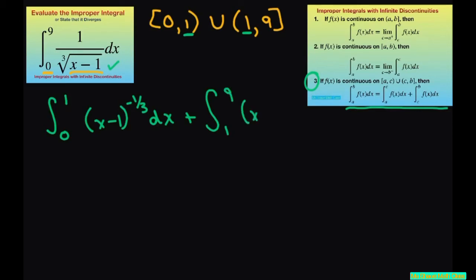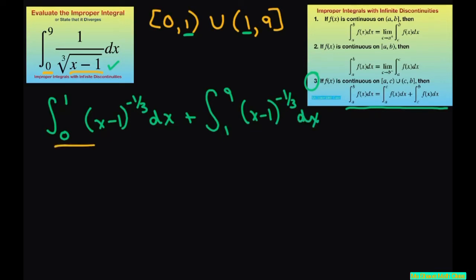We're going to write it as the integral from 0 to 1 of x minus 1 to the negative 1/3 power dx, and then we're going to add the integral from 1 to 9 of x minus 1 to the negative 1/3 power dx.